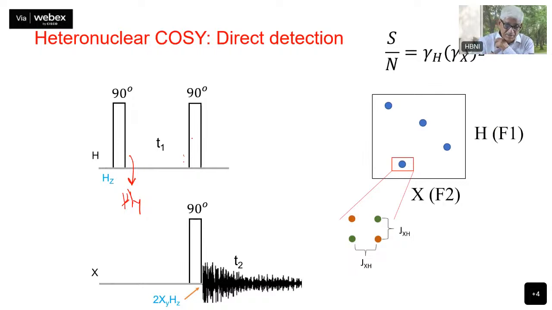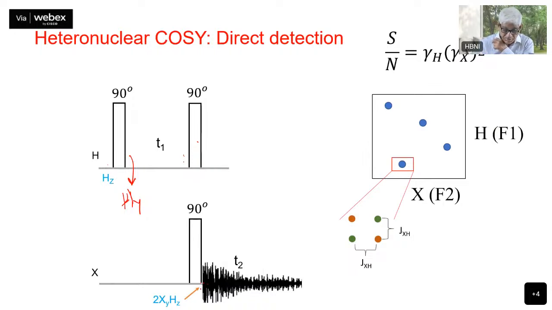Then when you apply simultaneous pulses on the proton and the X nucleus, you transfer magnetization to the X nucleus. I've written only the relevant part of the density operator. So here I get 2XY HZ. I started with HZ, chemical shifts of the protons, and I have the 2XY HZ, chemical shifts of the X nucleus at this point.